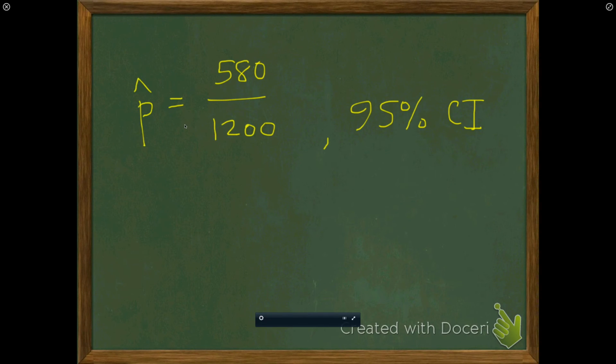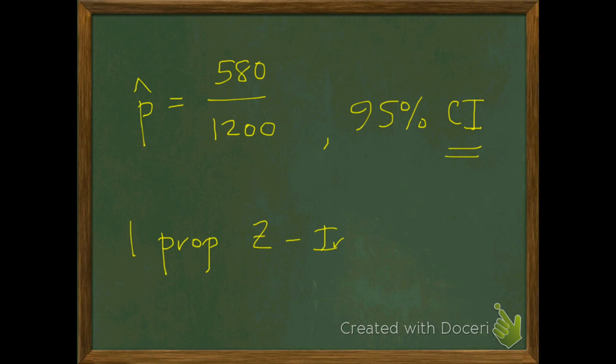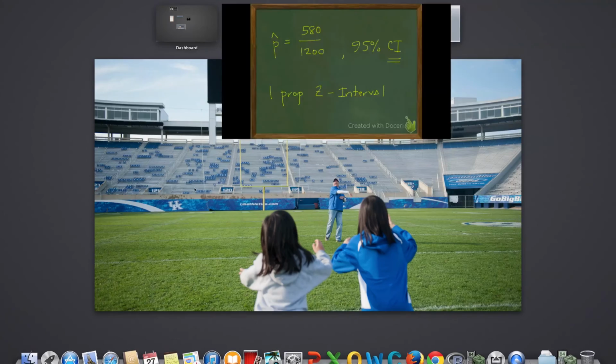Since I'm dealing with a proportion, I know I'm going to use a 1 prop z. A lot of you in class were using a 1 prop z test, which really doesn't make much sense considering you're wanting an interval. So I'm going to go to the calculator and do a 1 prop z interval.